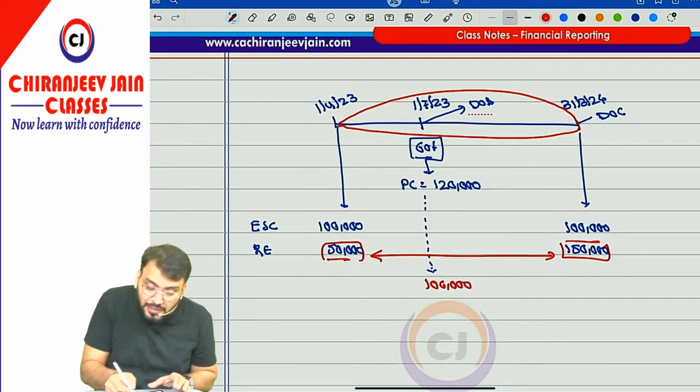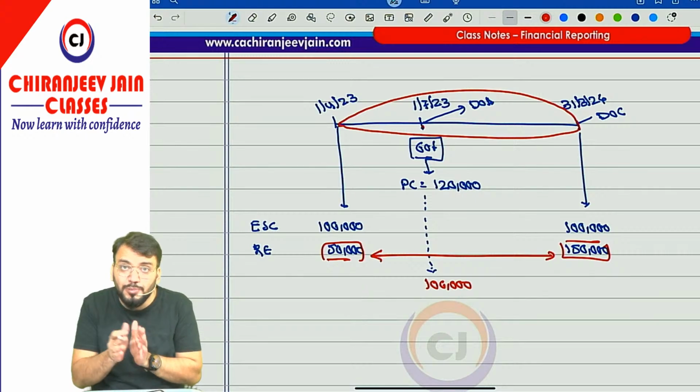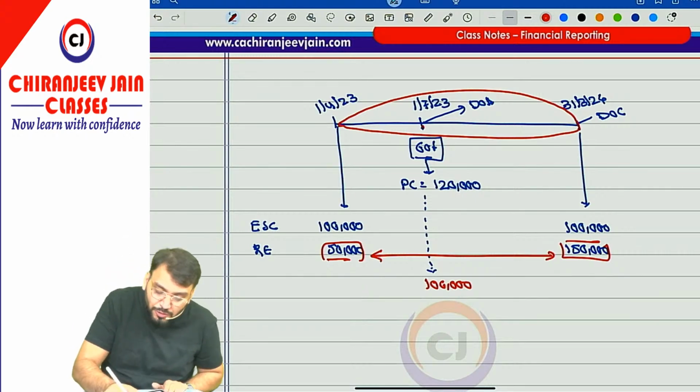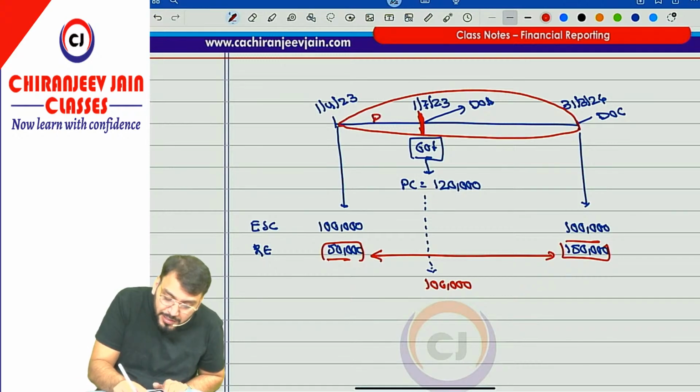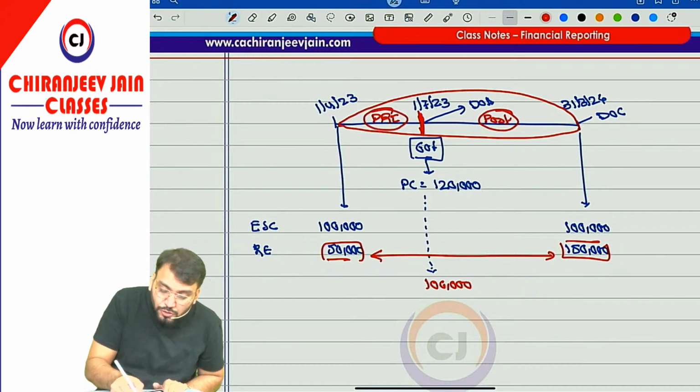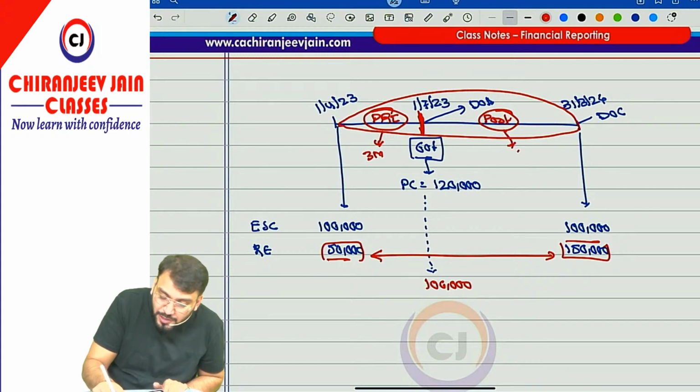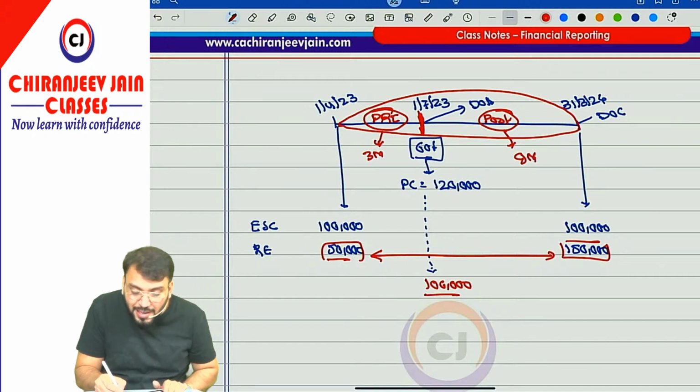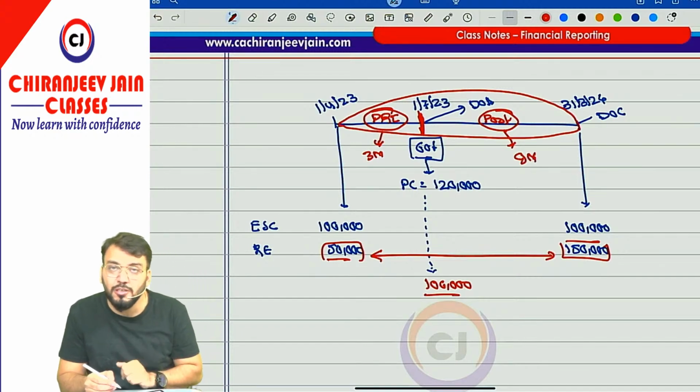Understood? And this will be allocated to pre-acquisition period and post-acquisition period. Any period before the date of acquisition becomes the pre-period and the rest the post-period. The pre is 3 months and the post is 9 months. So this 1 lakh will be allocated to pre and post acquisition period.